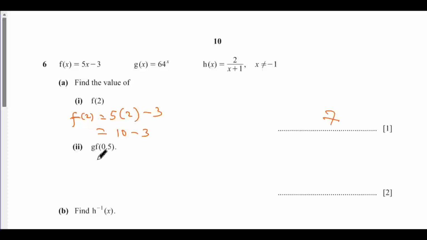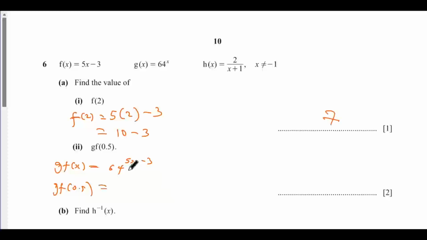Then gf of 0.5. You need to firstly get gf of x. So gf of x will be equal to 64 to the power of 5x minus 3. Then we can get gf of 0.5.